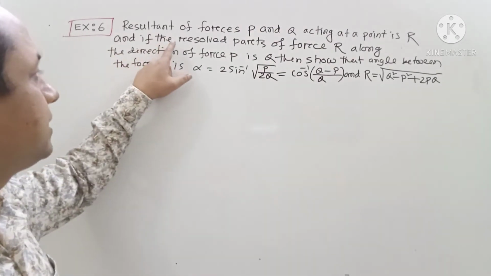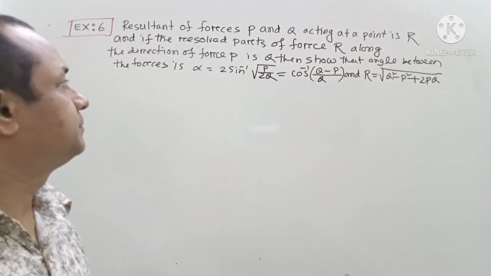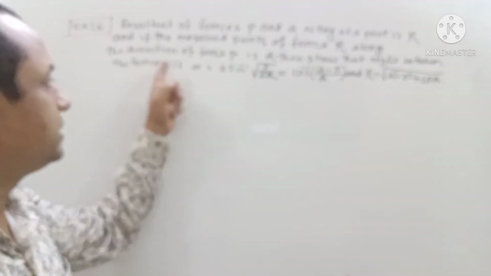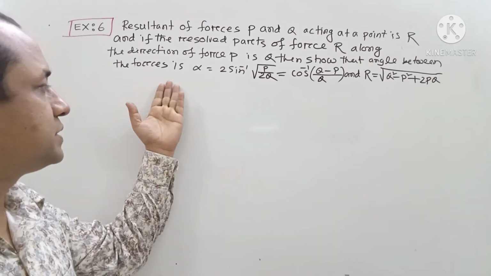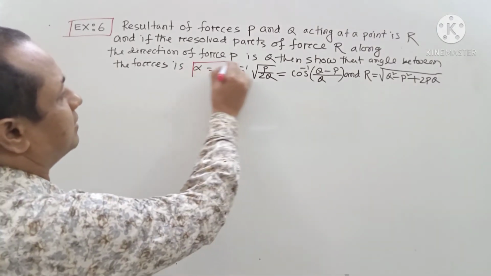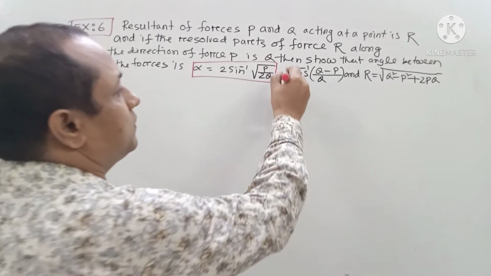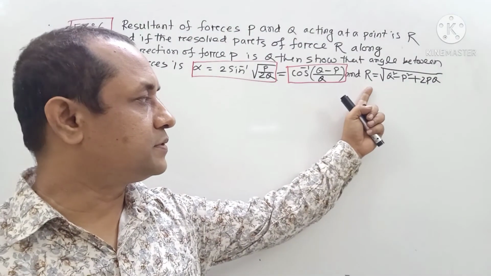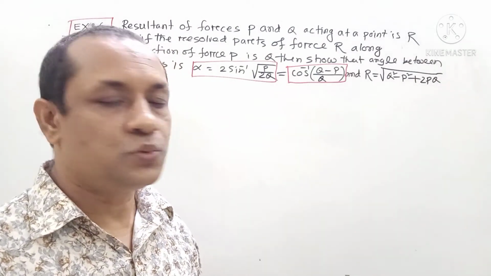Example 6: the resultant of forces P and Q acting at a point is R, and if the resolved part of the force R along the direction of force P is Q, then show that the angle between the forces is alpha equals 2 sine inverse root over P by 2Q equals cos inverse Q minus P by Q, and the resultant force R equals root over Q square minus P square plus 2PQ.